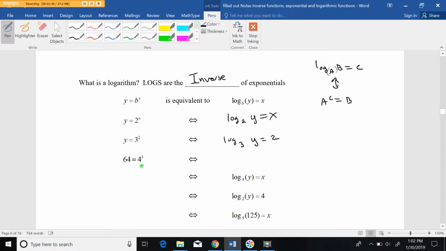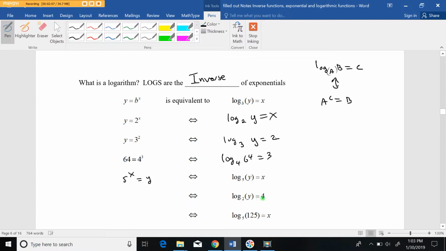Okay, this guy in logarithmic form. What we're going to have is log base 4 of 64 equals 3. Right, so 4 to the third equals 64. Yep. Going back the other way is much more natural for me. Just remember the circle rule. 5 to the x equals y.